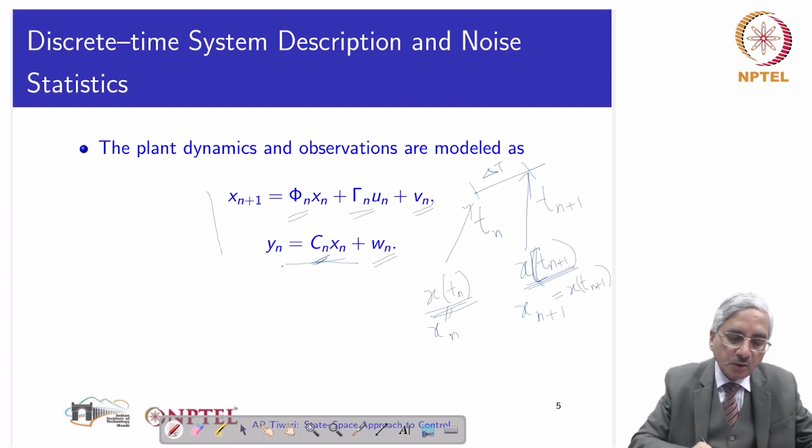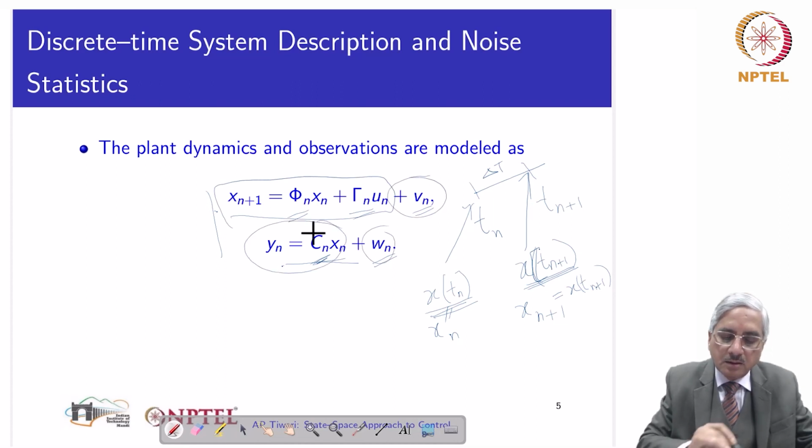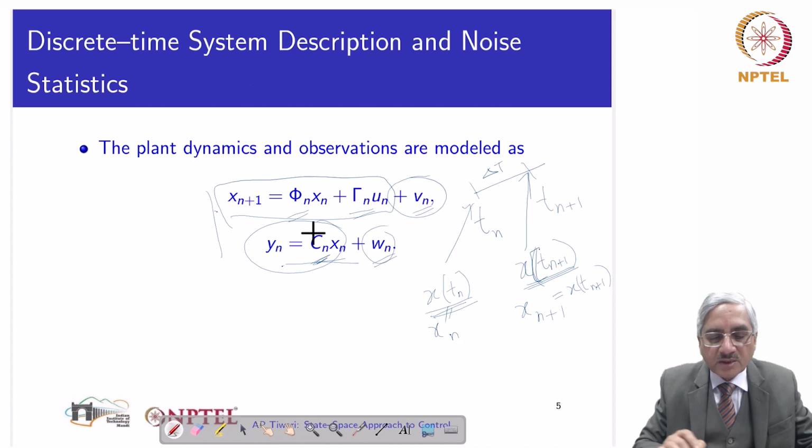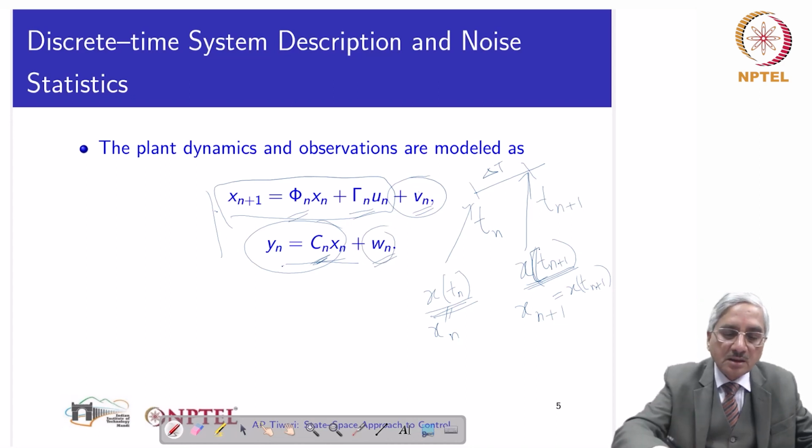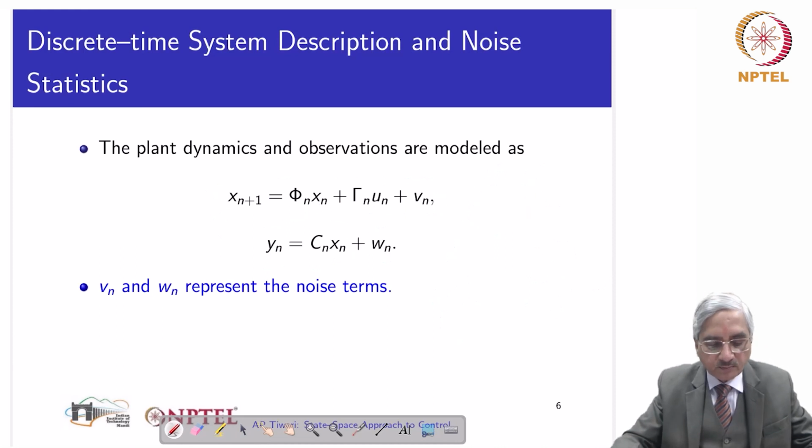This is the assumption. So we have the noise free system plus the noise. Again, the noise is additive, as we had seen in the case of the continuous time system.